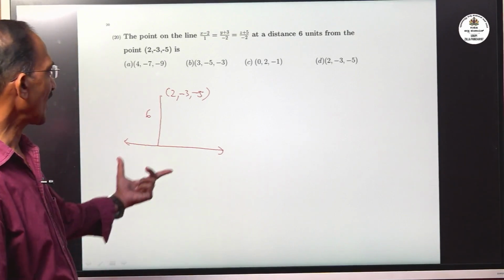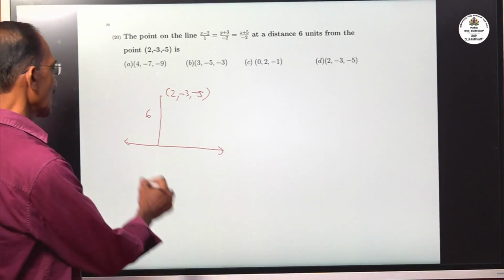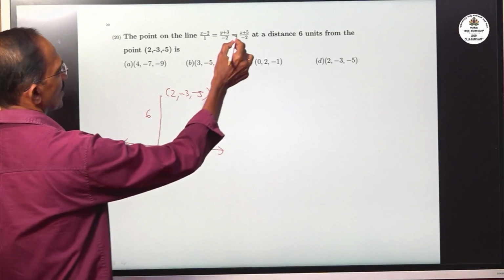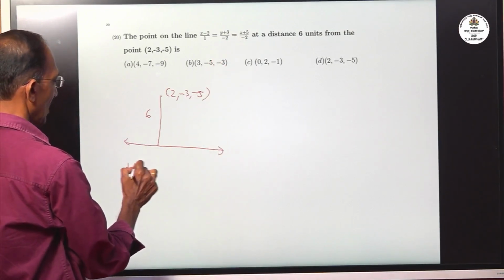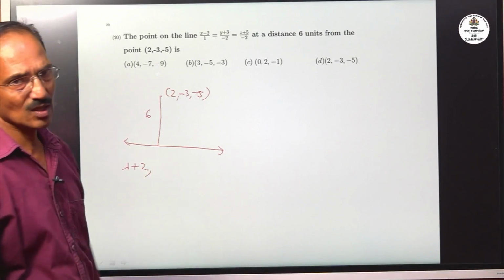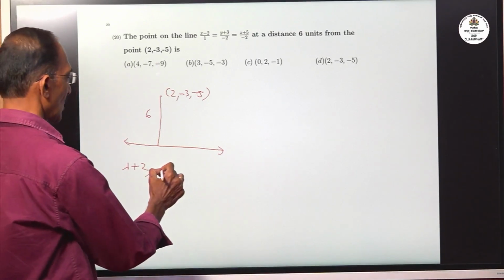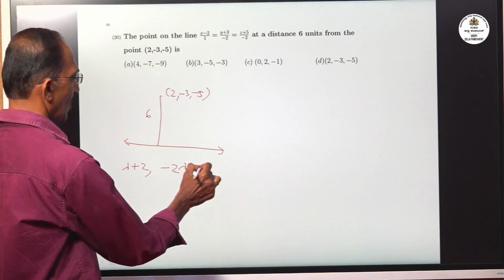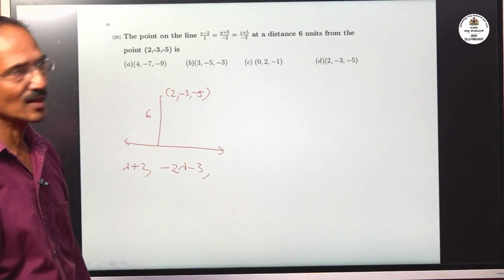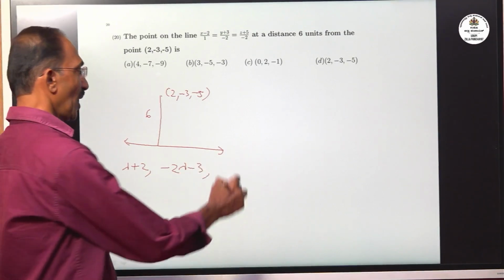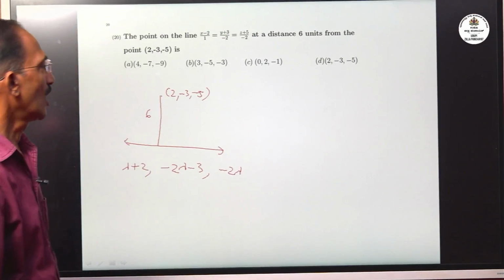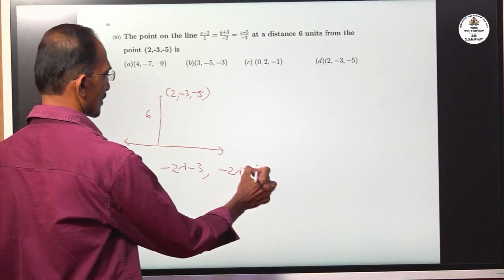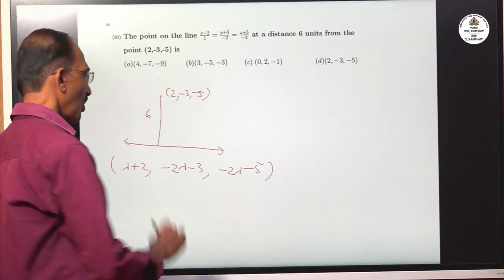Just find a general point on the line. If you equate it to lambda, you get x equals lambda plus 2, y equals minus 2 lambda minus 3, and z equals minus 2 lambda minus 5. So this is the general point on the line.